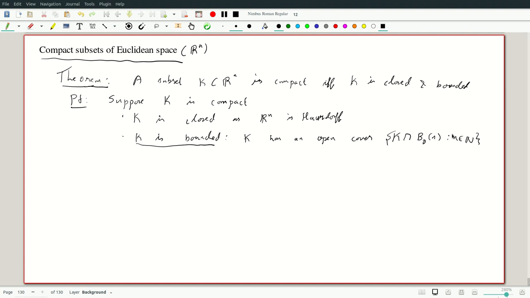So we take the various balls around the origin of radius n, they form an open cover. So this has an open cover and K is compact, which must have a finite subcover.